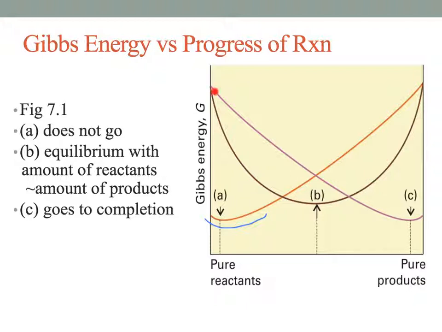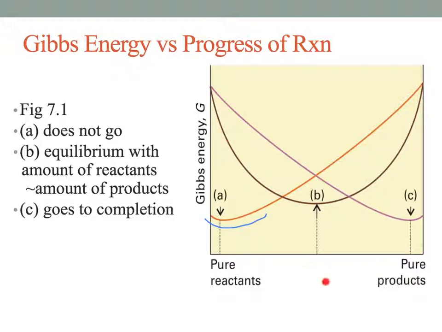On the other hand, if you look at curve B, this curve here, we see that the Gibbs energy is at its lowest value around this point here. And if you look down here and see where that lies, it's about between pure products and pure reactants. So the Gibbs energy occurs at a minimum value between pure products and pure reactants.